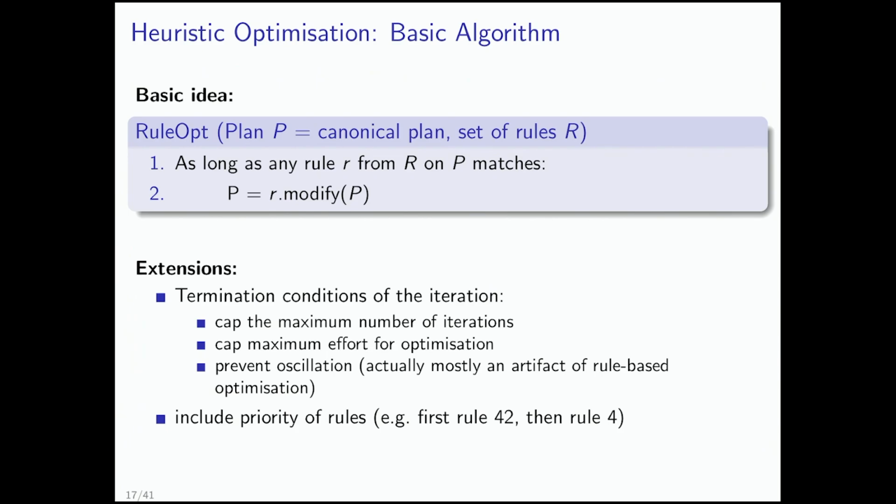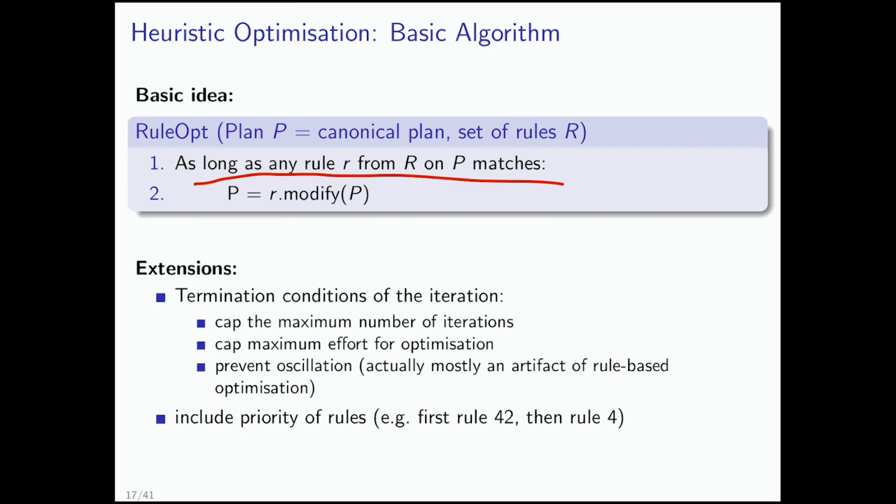And here's a super fancy, crazily complex algorithm, two lines. So what does it do? This is rule-based optimization, and it takes as an input initially the canonical plan and a set of rules to apply to such a plan, and then it iterates over that like crazy and modifies that plan. You see it here: the input plan is modified using so-called rules, rewritten and transformed until this condition strikes.